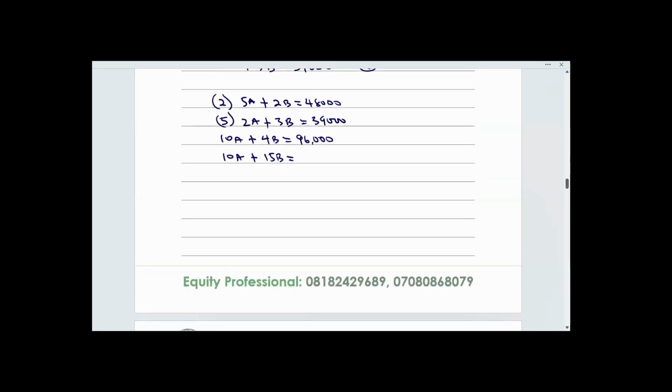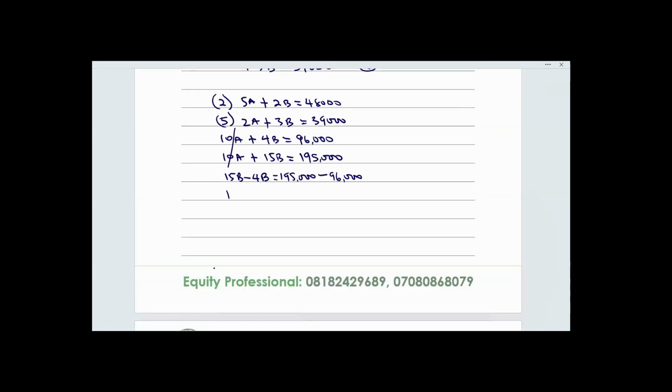What do we have there? 39,000 multiplied by 5. That's 195,000. So this will cancel this. 15B minus 4B equal to 195,000 minus 96,000.